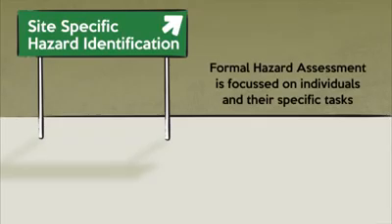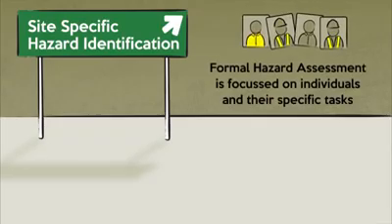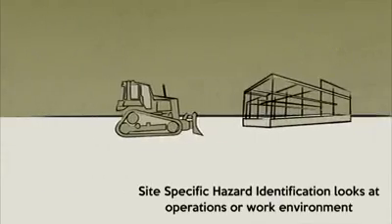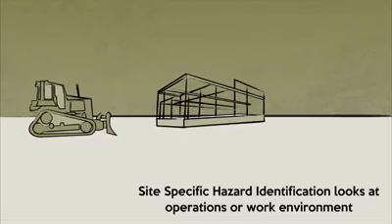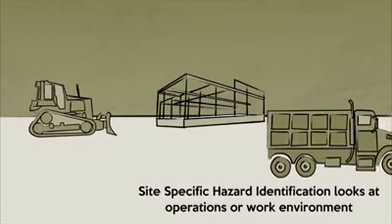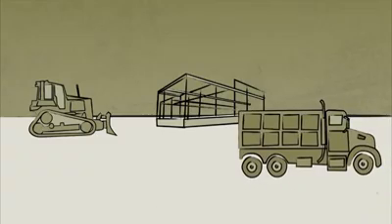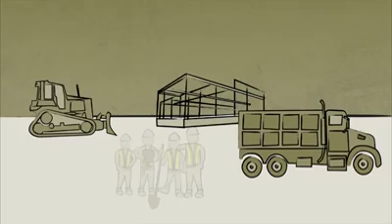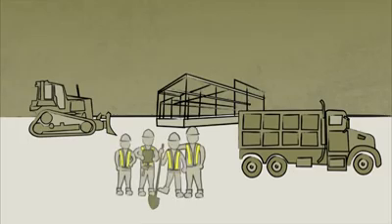While formal hazard assessment is focused on individuals and their specific tasks, site-specific hazard identification looks at a specific operation or work environment to identify the hazards these will present. It may be carried out on the site itself, or in a pre-job meeting before going to the site, or a combination of both.